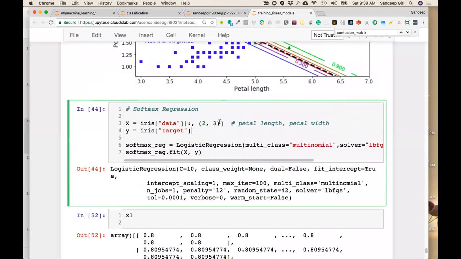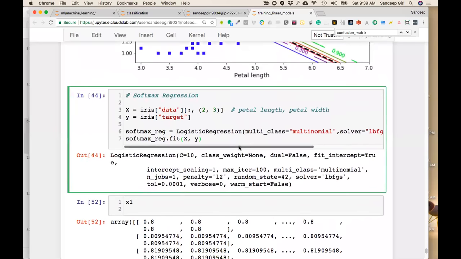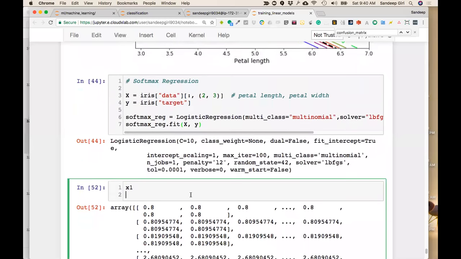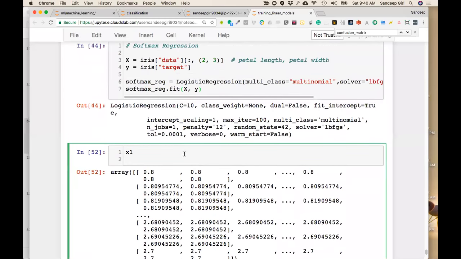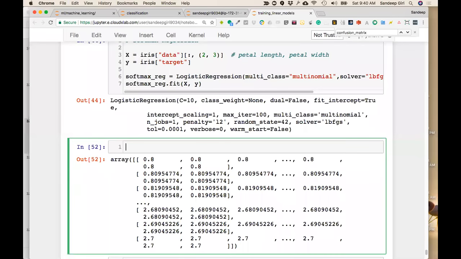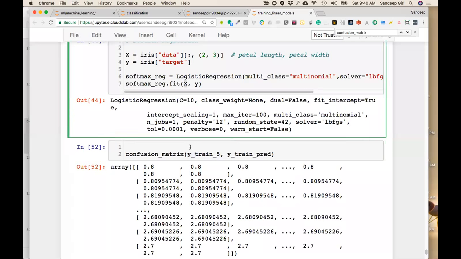Oh, we haven't broken this down into training and predict. Yes, that's one of the reasons. So let's say this is what we want to do, and it is also going to give us the confusion matrix here.